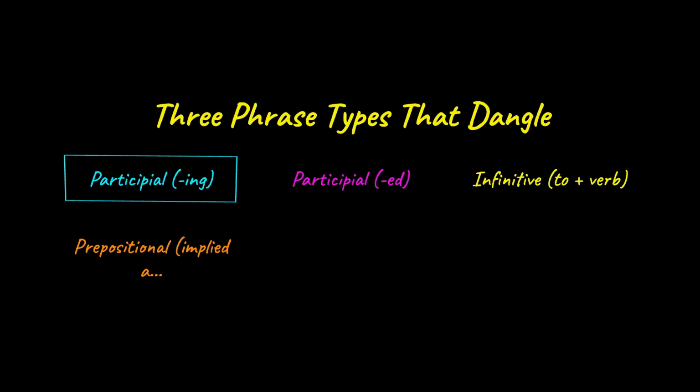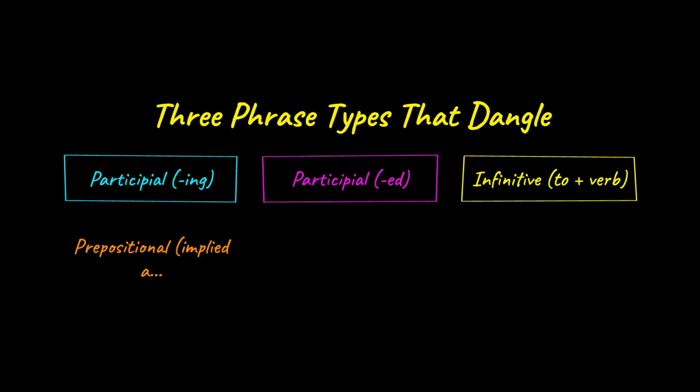Three phrase types most often dangle: participial phrases ending in -ing or -ed, infinitive phrases beginning with to plus a verb, and prepositional phrases with an implied actor. All three follow the same rule. They latch onto the subject that follows the comma, so that subject must be the one performing the implied action.